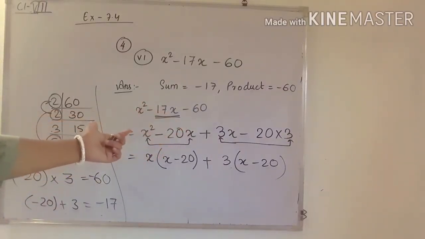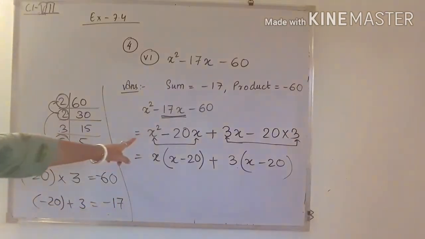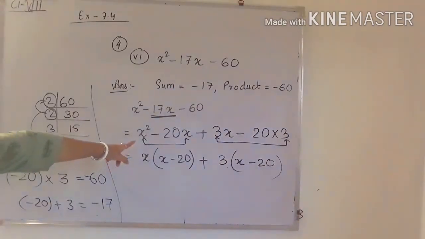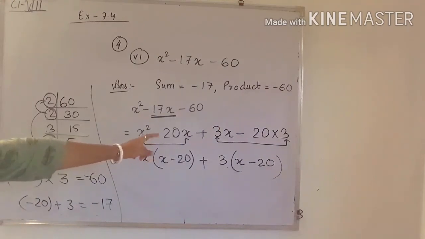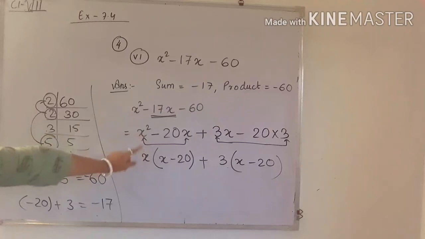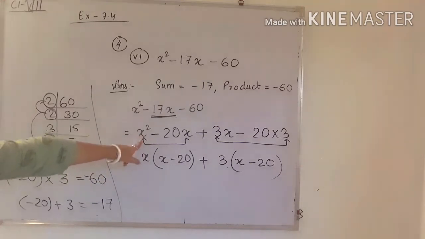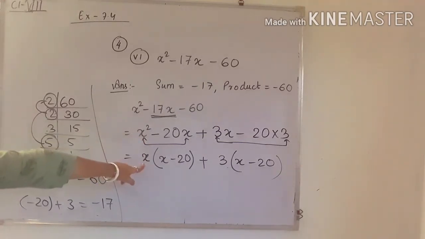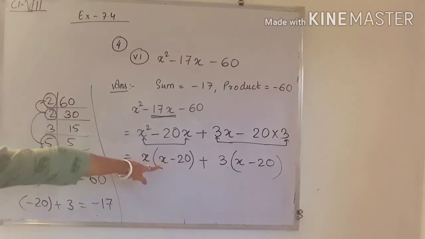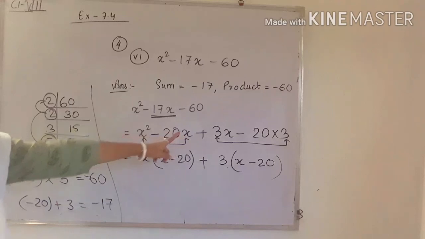See, in the first two terms, what is common? I have made an arrow to mark that they are the same, they are like terms. So we can take x common. Inside the bracket will be x minus 20, because we have already taken x outside.